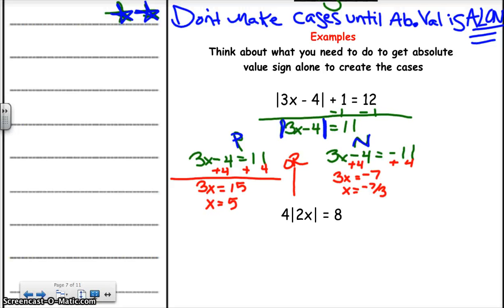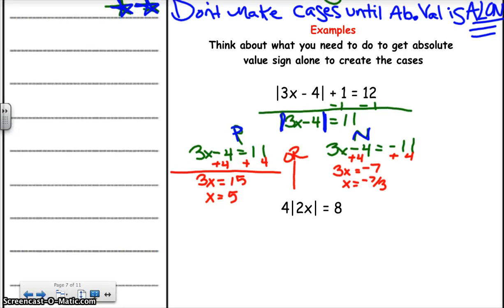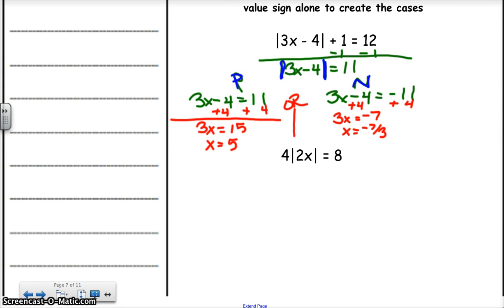The second one, 4 times the absolute value of 2x equals 8. Is my absolute value sign all by itself right now, yes or no? No, it is not. What's hanging out by it? The 4.